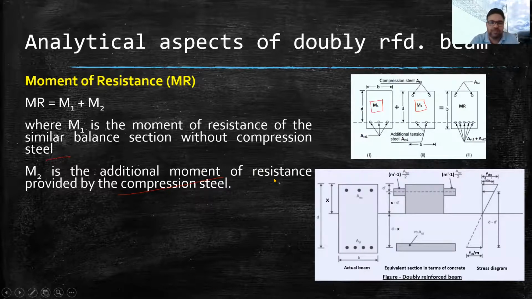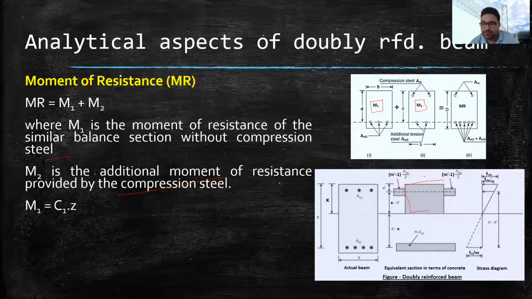Well, the M1 formula will be similar to the formula that we used in the case of a singly reinforced beam balanced section. You can see M1 is calculated as C into Z, where C1 is the compressive force resisted by the concrete.